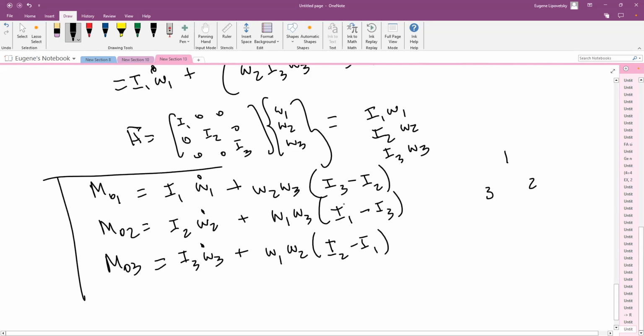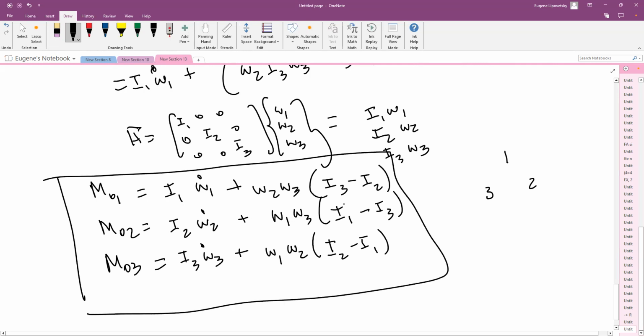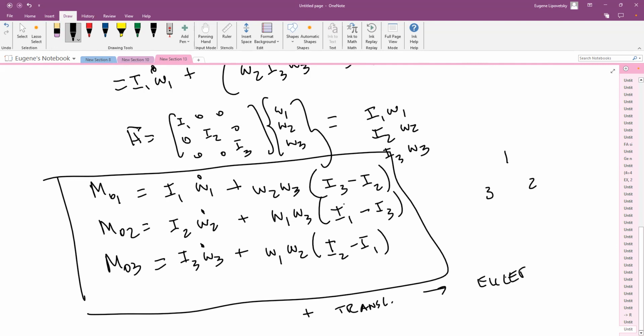These three equations combined with the translational equation that we wrote before make the Euler-Newton equations for a rigid body.